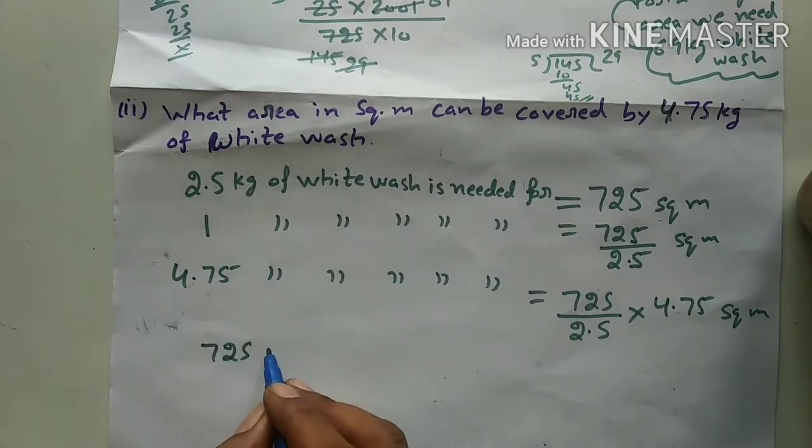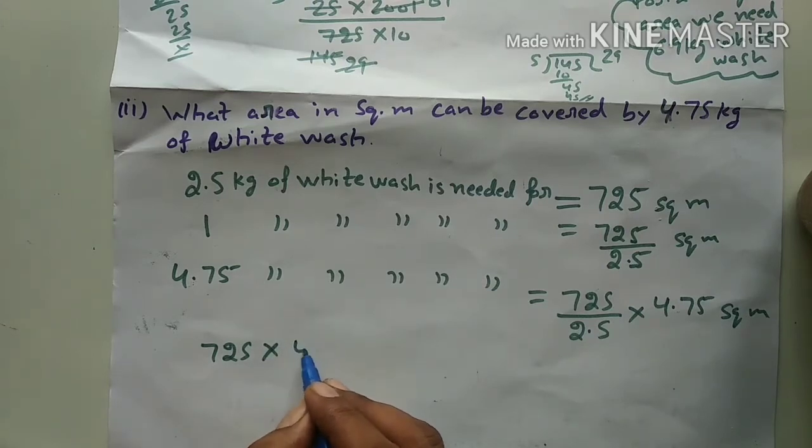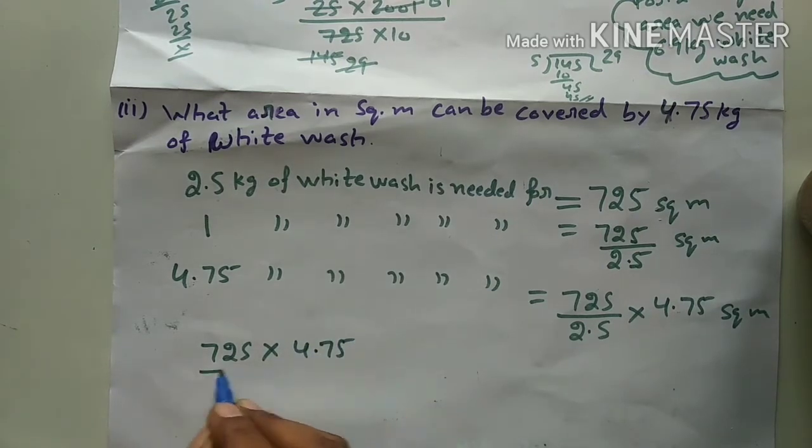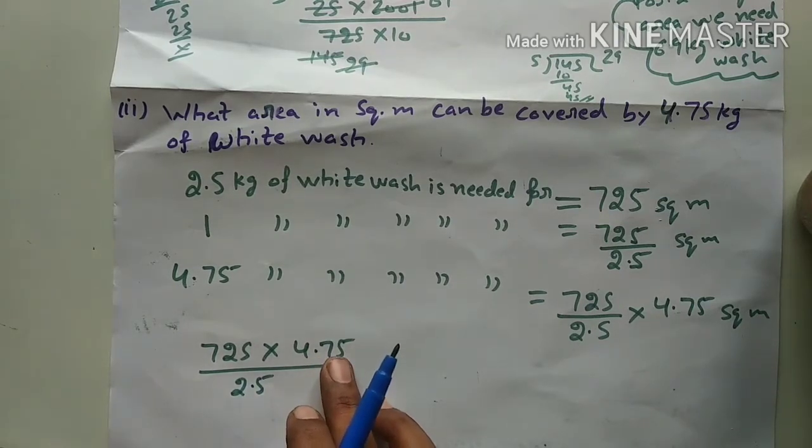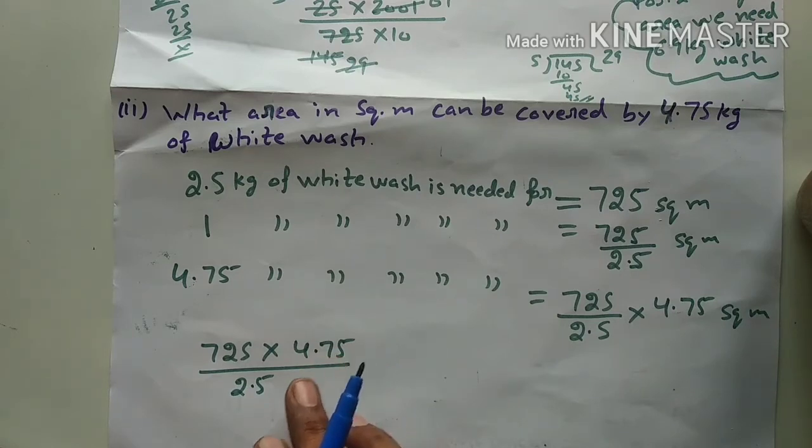725 multiply 4.75 and 2.5. Now student, you will see after decimal how many digits are there? 2. And after decimal how many digits are there? Only 1. So if I make them like decimals, then we can skip the decimal. So if I write here 10, then these become like decimals.